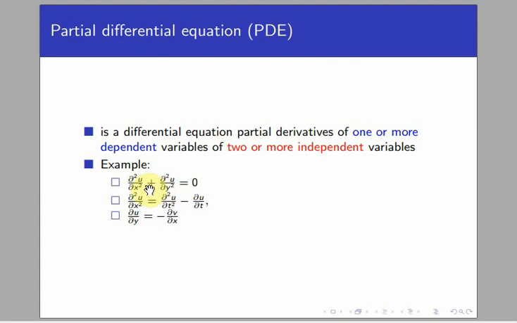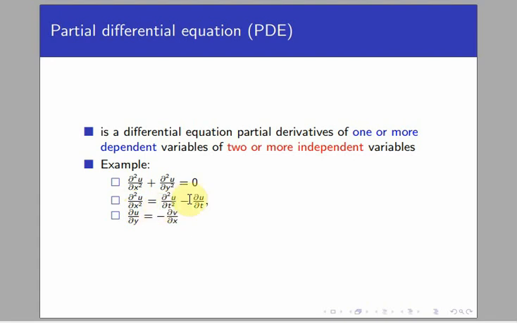For example, the first equation contains a derivative of the dependent variable u with respect to two independent variables, x and y. The second one is a differential equation which contains a derivative of the dependent variable u, and the independent variables are x and t.